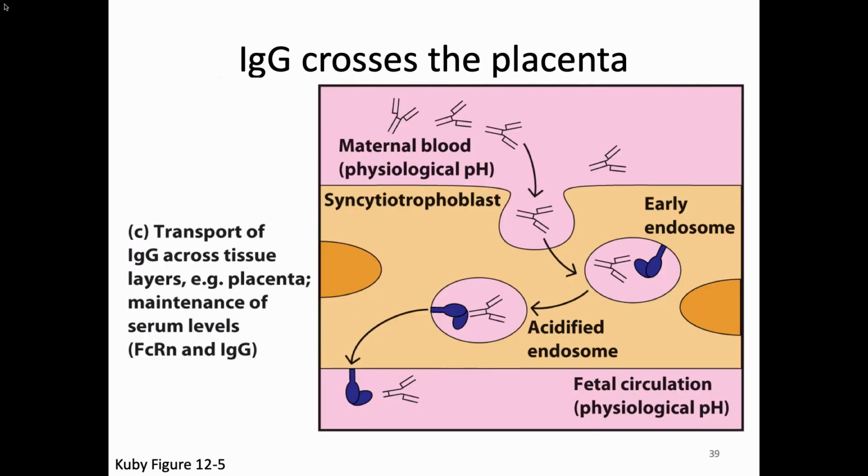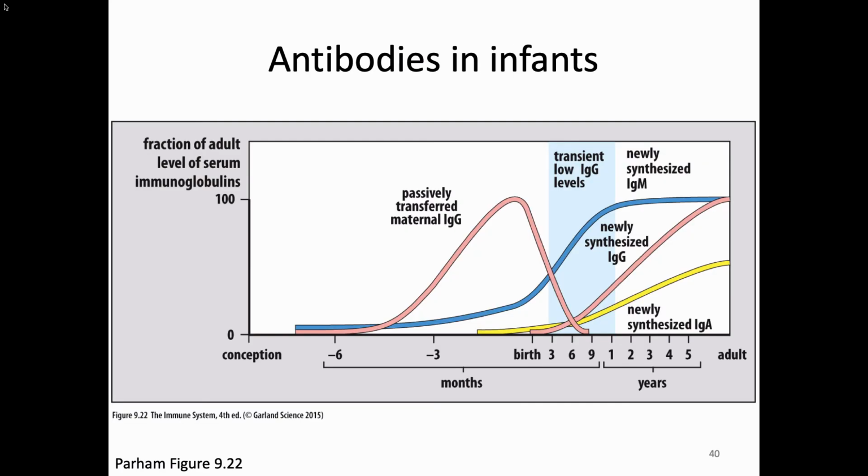Again, this is happening through a process of transcytosis, where there is an Fc receptor that is actually carrying the antibody across the placenta in order to make sure that that antibody is present there. And so what you can notice is that in infants, by and large, right after birth, most of their antibodies are actually antibodies that have come from their mom through the placenta. It's IgG. Most of those antibodies are passively transferred antibodies.